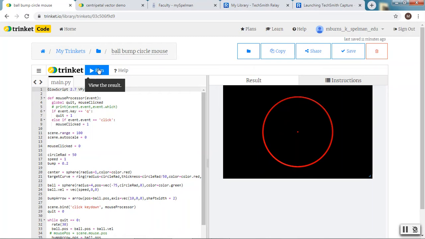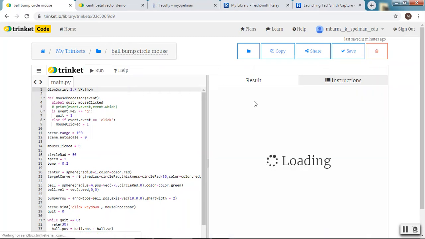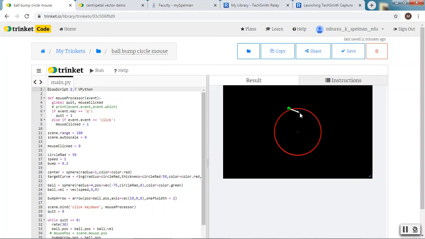Let's try this again. You play around a little bit, you might find that you get a little better luck if you simply make the force point towards the center of the circle. Okay, now you have to click it just the right way, so I'm not quite on the circle, but at least I'm following a closed path.